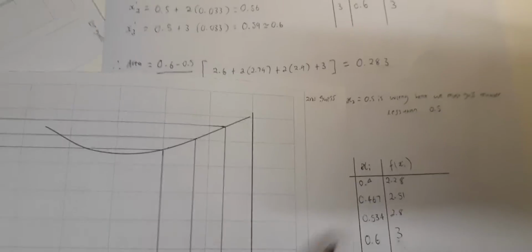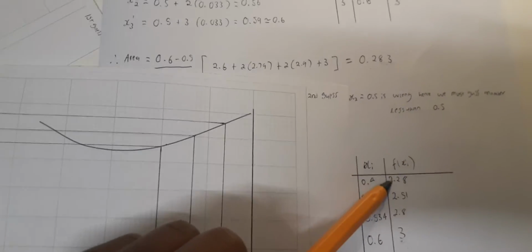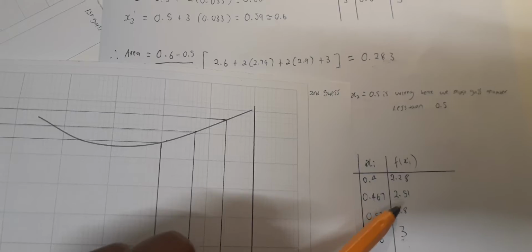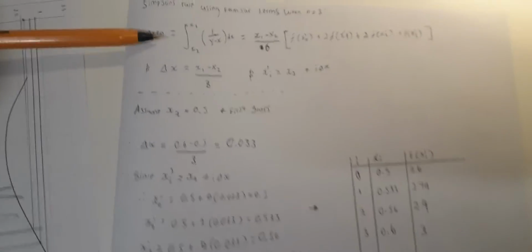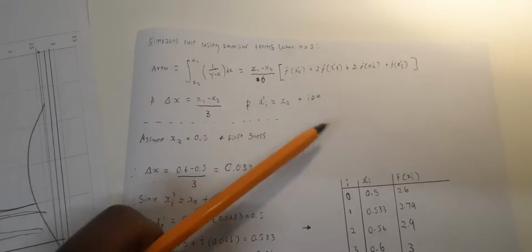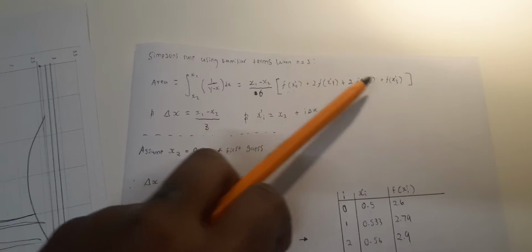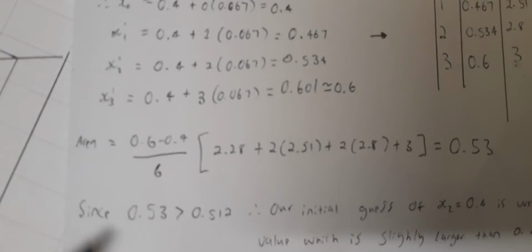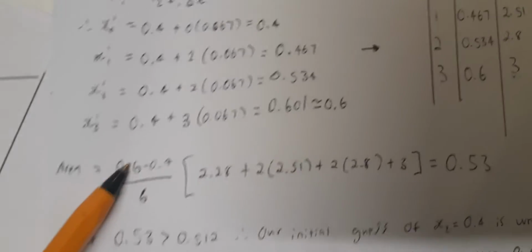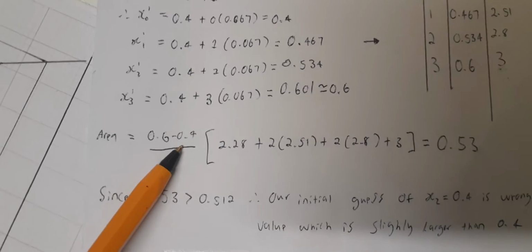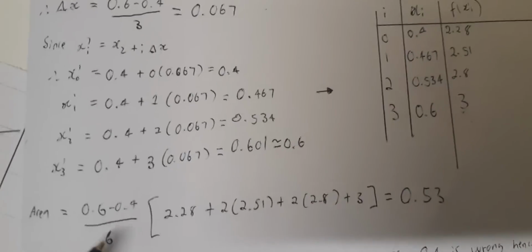After finding our f of x0 up until f of x3, we go back to this equation. In this case, it was x3 minus x0, where x0 is 0.4, since we guessed it to be 0.4, divided by 6.